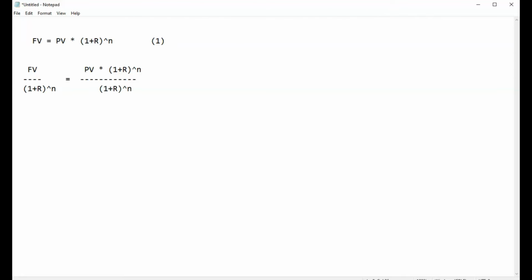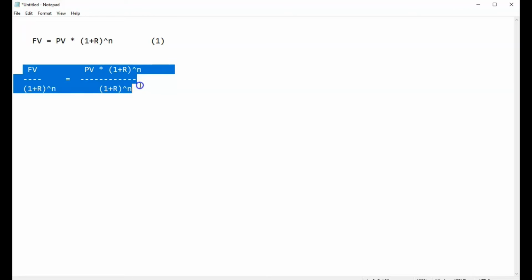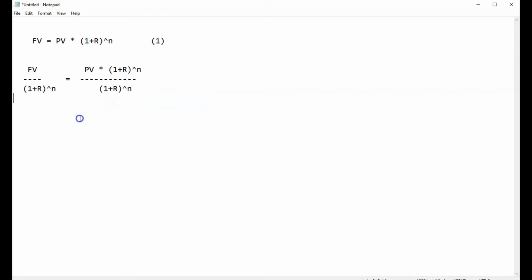Okay. So this future value divided by this factor on the left-hand side equals the right-hand side divided by the same factor. So this and this can be cancelled out. Eventually we have future value, so this one disappears.